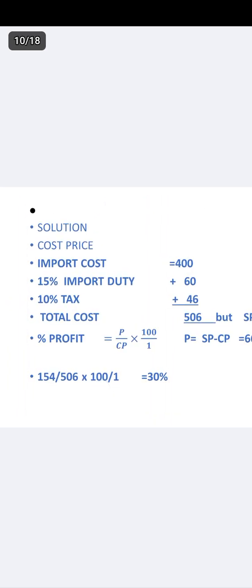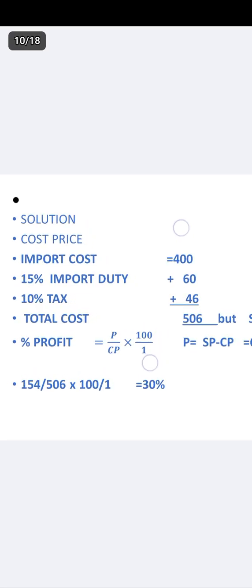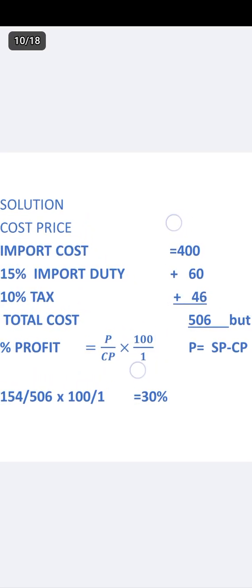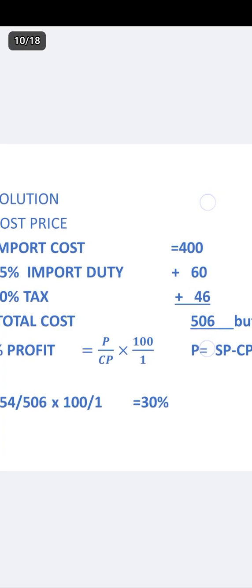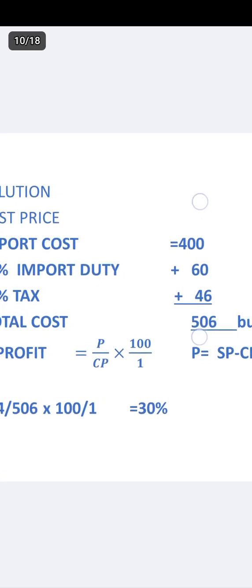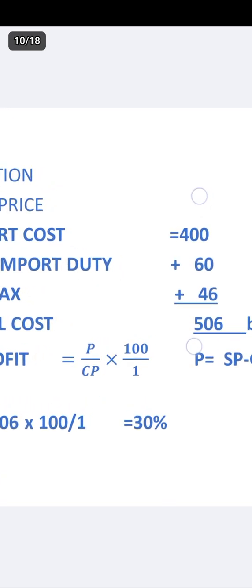Now the cost price is 400. The 15% import duty of 400 is gotten by 0.15 times 400, 0.15 being 15% converted to decimal.